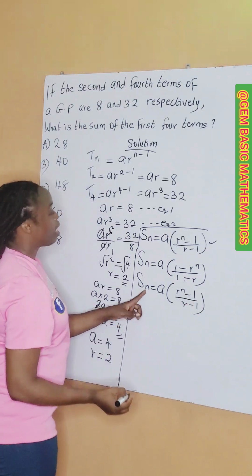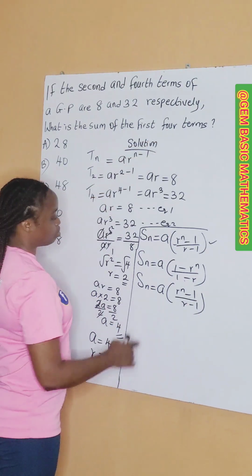Remember we are asked to find the first four terms, so n is 4.